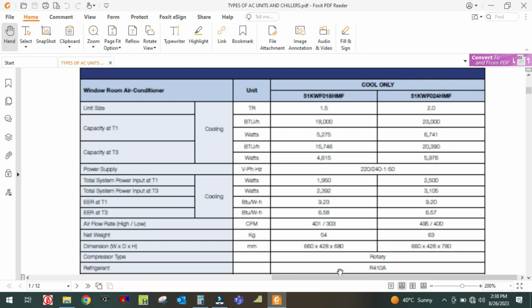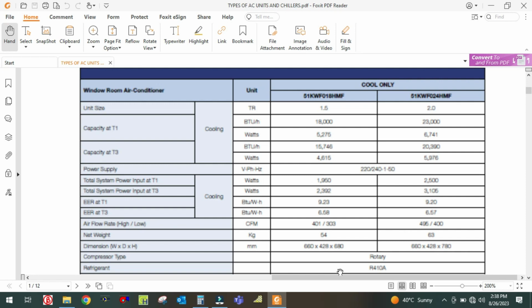an environmentally friendly refrigerant in the family of HFC, hydrofluorocarbon. Okay, R410. But the discharge pressure of this gas is too high, so safety wise it is not good.